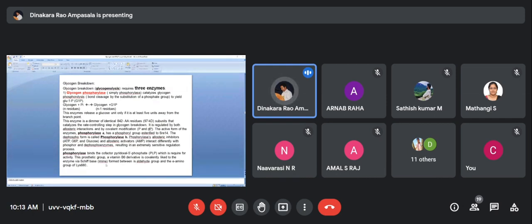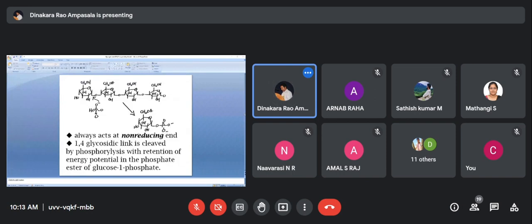The prosthetic group, a vitamin B6 derivative, is covalently linked to the enzyme via a Schiff base formed between the aldehyde group and the epsilon amino group of lysine 680. This enzyme always acts at the non-reducing end. The 1,4-glycosidic bond is cleaved by phosphorylase with retention of energy potential in the phosphate ester, glucose 1-phosphate.